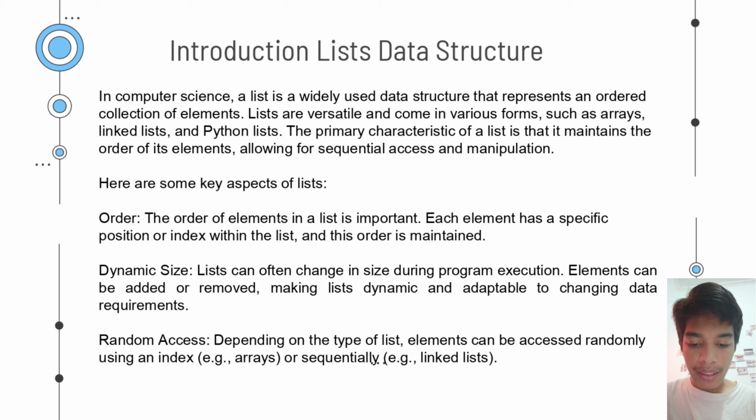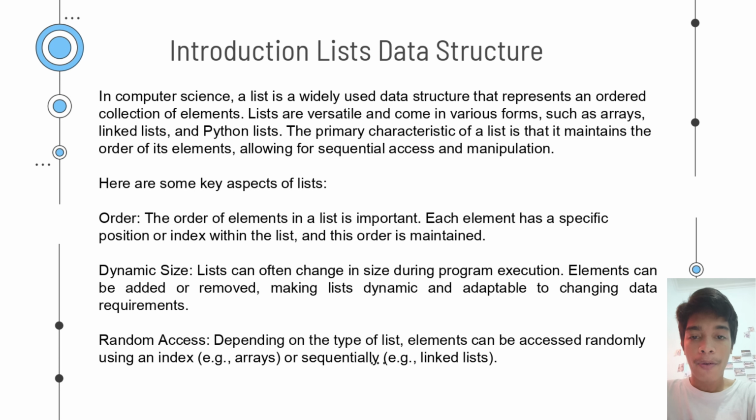It means it can take various forms such as arrays, linked lists, and Python lists. You may know the aspects: the dynamic size and random access. These are the aspects you can use in the list data structure. Now we're going to go to the operations of the list data structure.